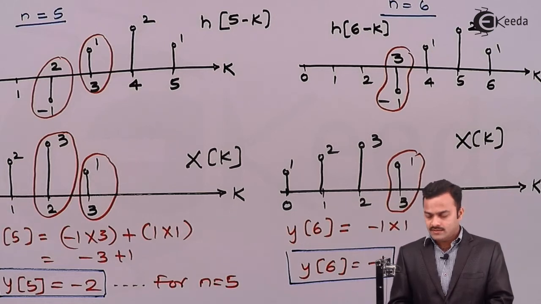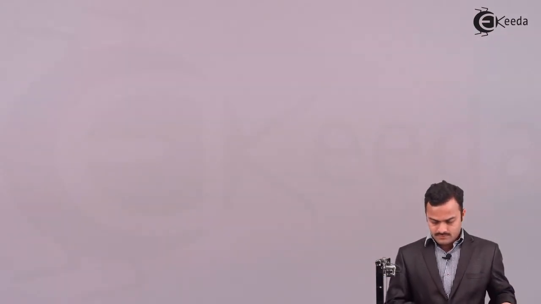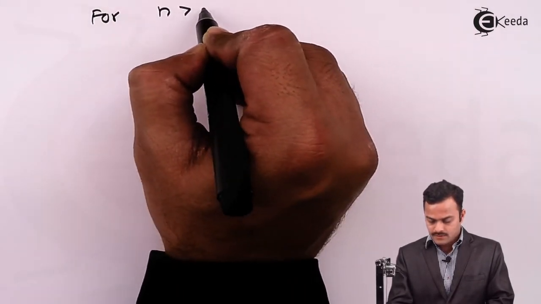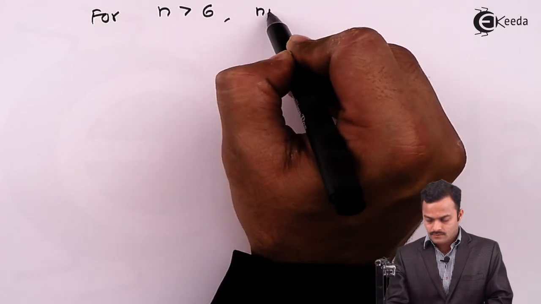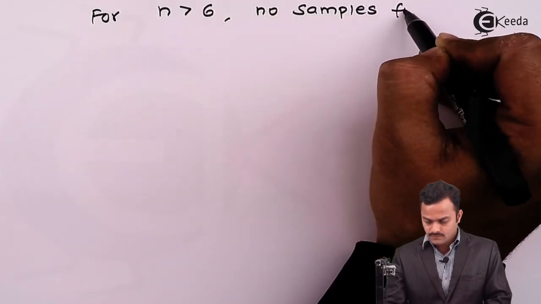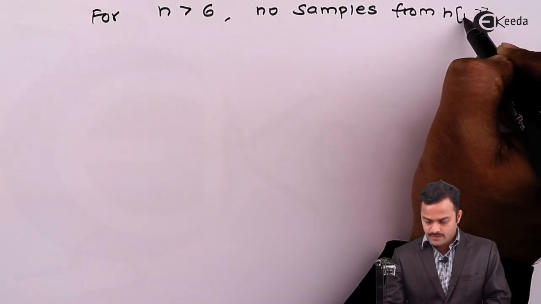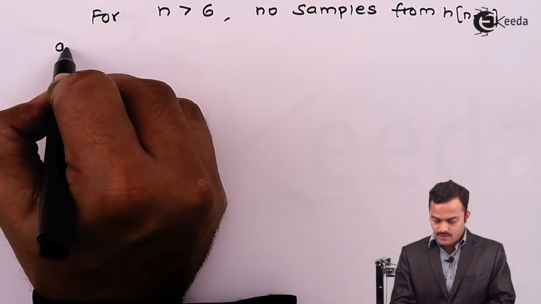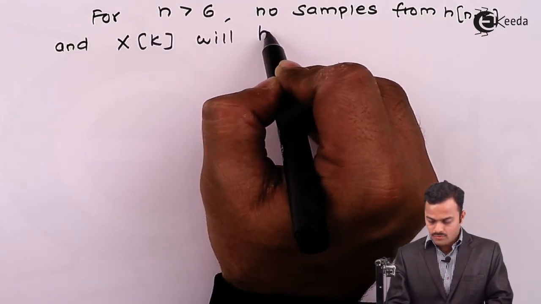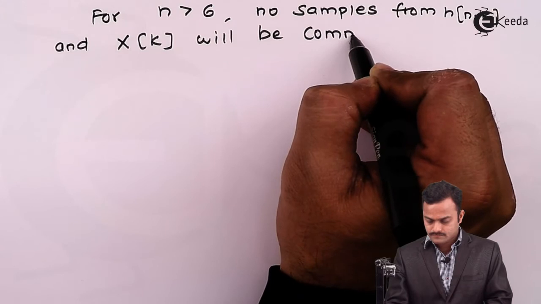Hence, for n greater than 6, no samples from h of n minus k and x of k will be common, or you can say overlapping.